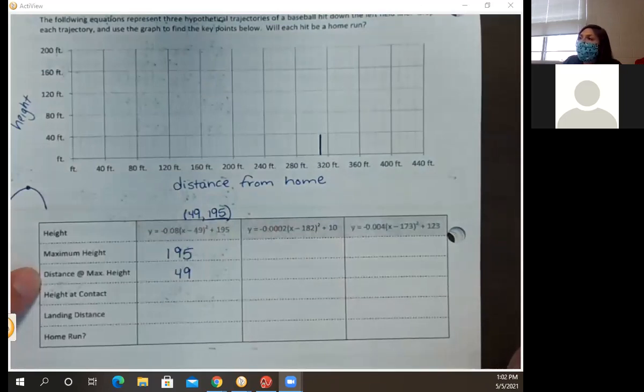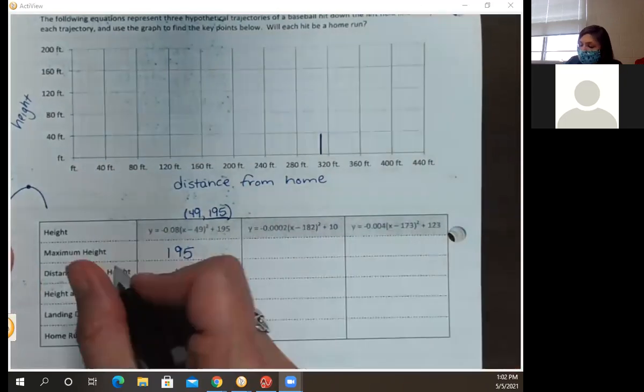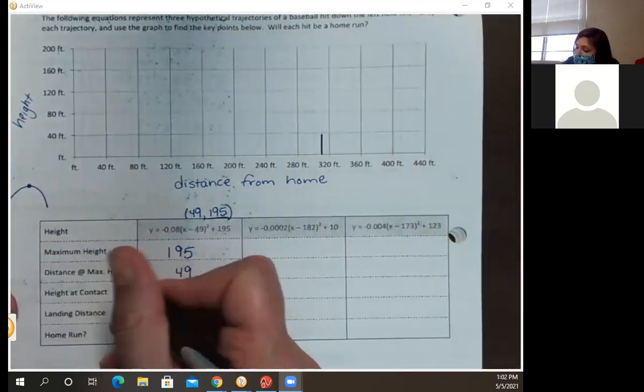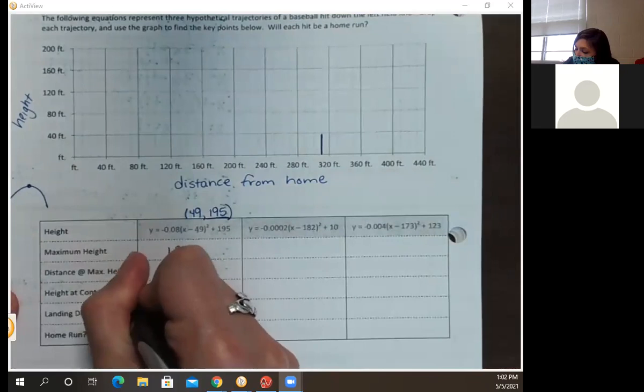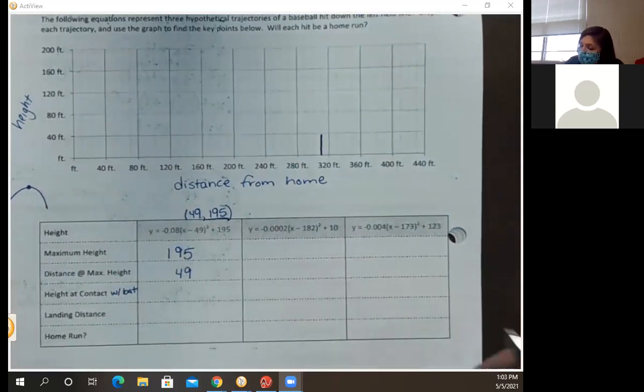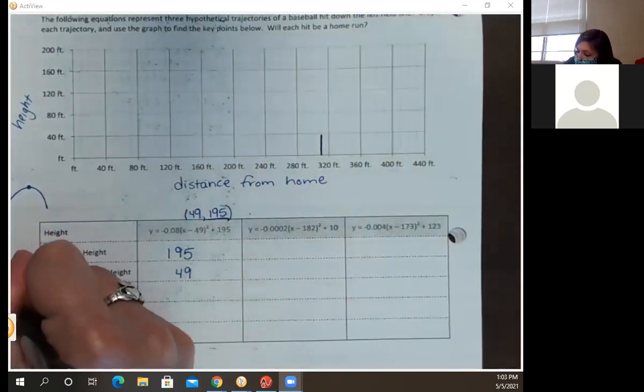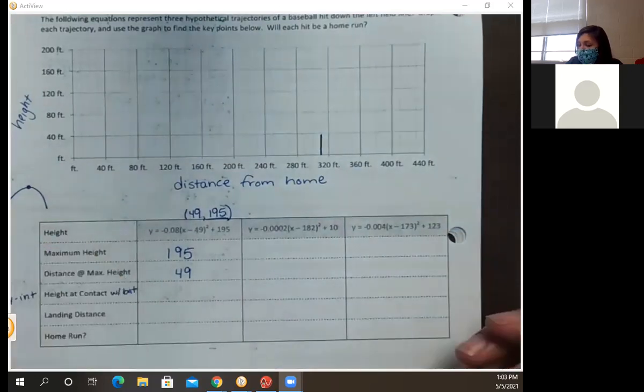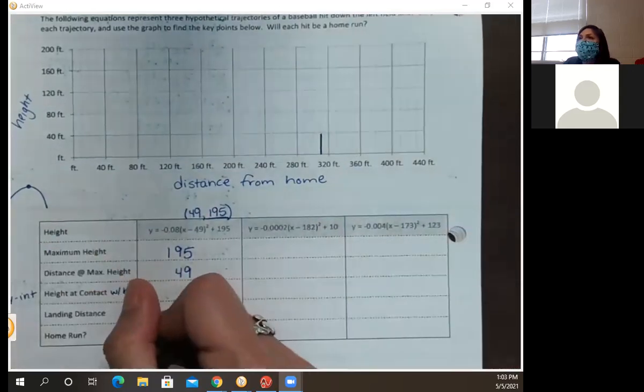And then some other information I want to know about each of these hits. What's the height when I make contact with the bat? I'm just going to add "with bat" here. So what's the height when I hit the ball? How high off the ground is the ball when I hit it? That's going to be our y-intercept. And then I want to know what's the landing distance.